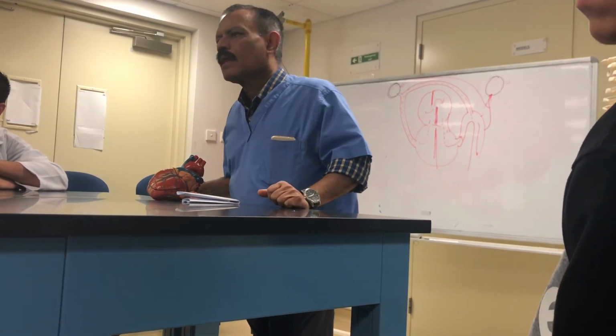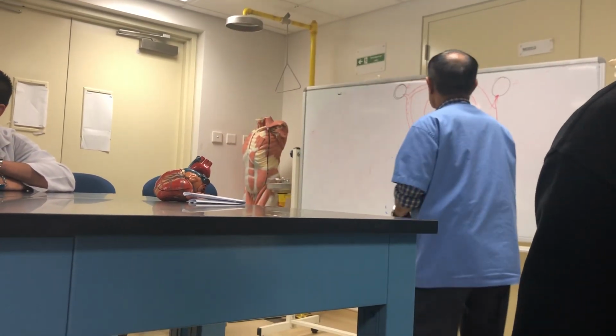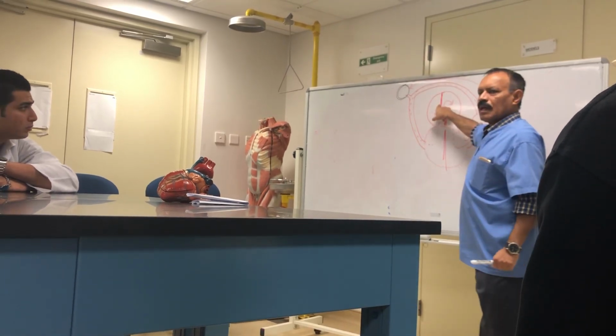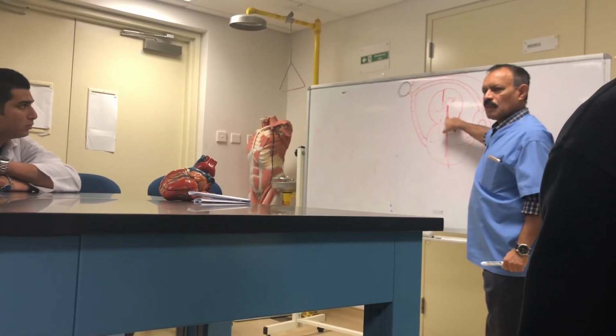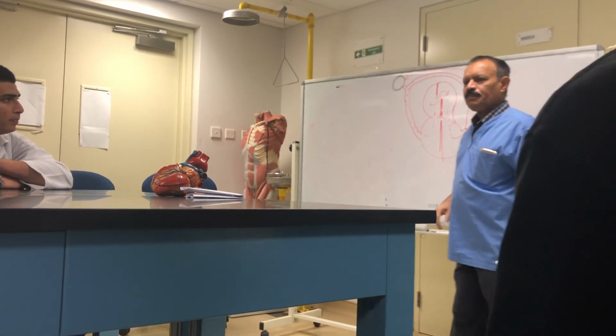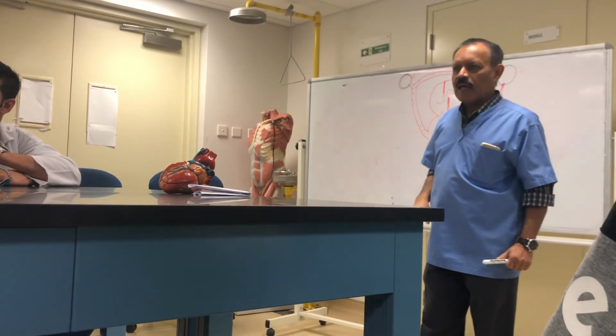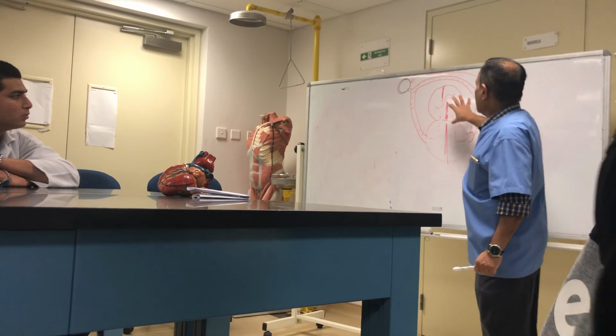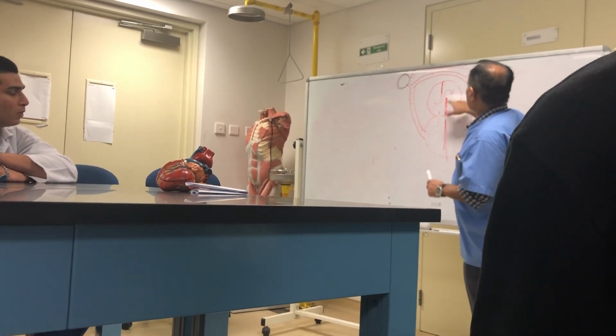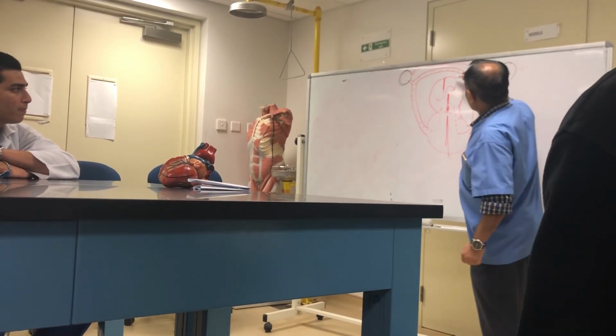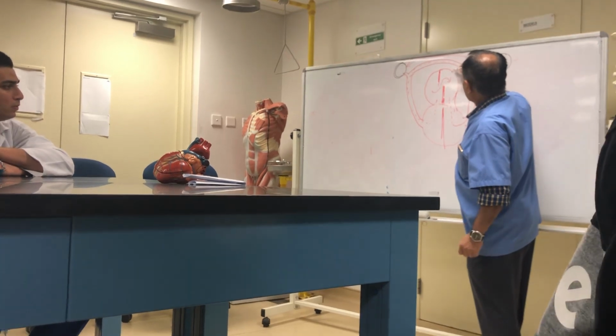You need to know that the septum secundum is over the. This is septum secundum, and this is the primum, and it moves. I'm coming to that. And then after birth it comes. The reason for that is what happens the first time after the birth. I'm going to draw also after the birth what is happening.